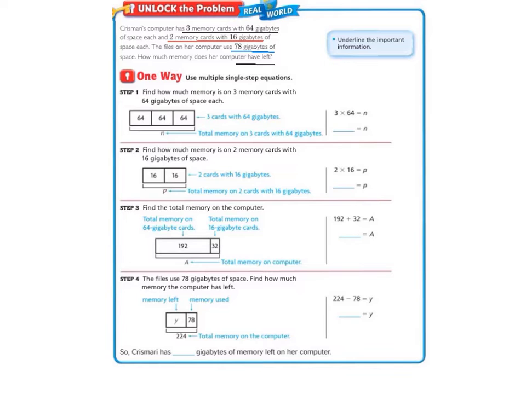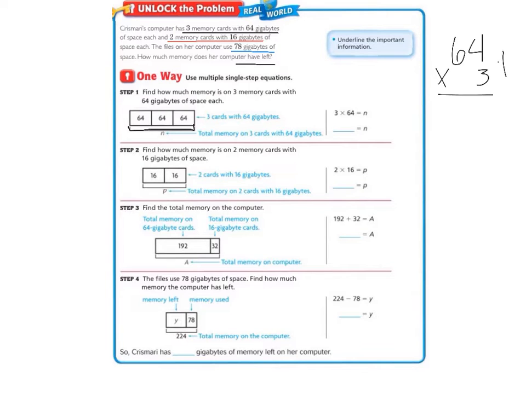The first thing that we need to do is figure out if I have 3 memory cards with 64 gigabytes each, how much that is. So here's our model. We have 64 times 3 boxes. 64 times 3 equals n. Let's do that to the side and figure out what n is. So 64 times 3.